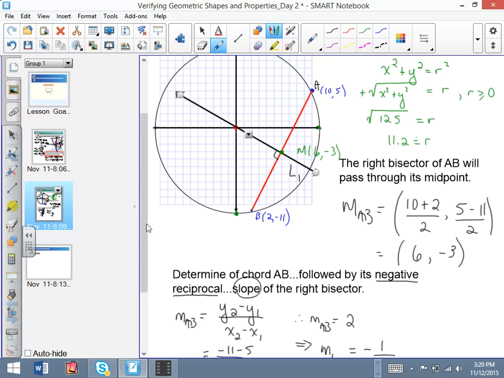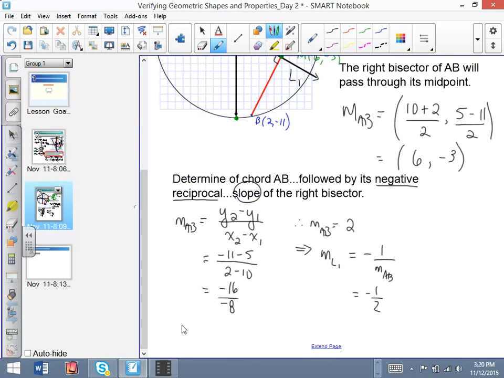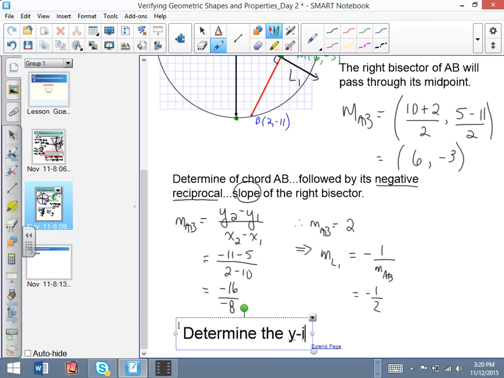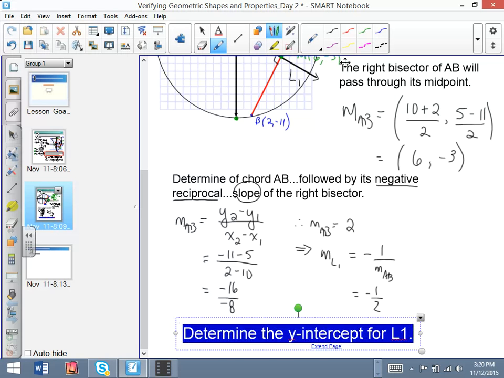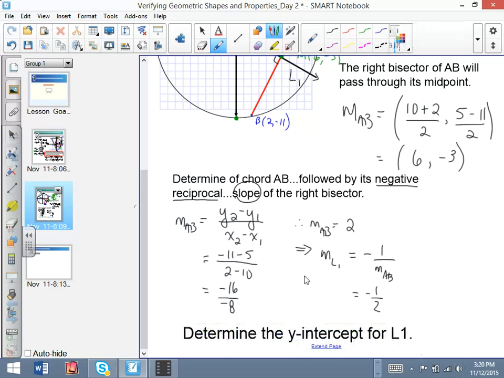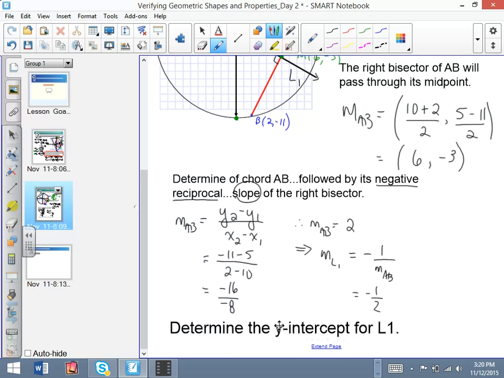So let's go ahead and determine the y-intercept for the perpendicular bisector line 1. And by doing so, what we'll see is that we're going to be able to determine if it passes through that origin.